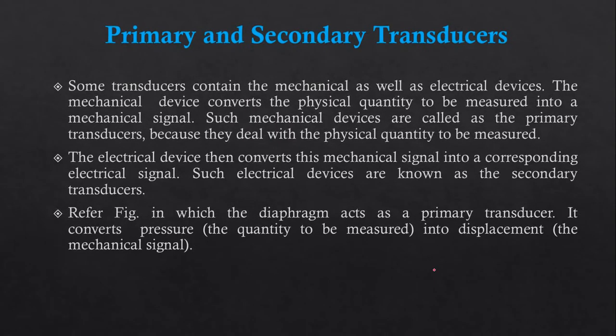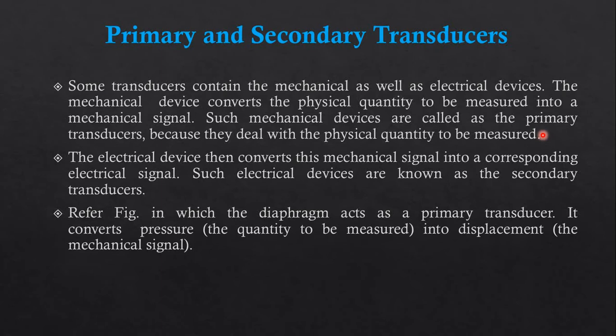Now moving forward, the primary and secondary transducer. Some transducers contain mechanical as well as electrical devices. The mechanical device converts the physical quantity to be measured into a mechanical signal. Such mechanical devices are called primary transducers because they deal with the physical quantity to be measured.